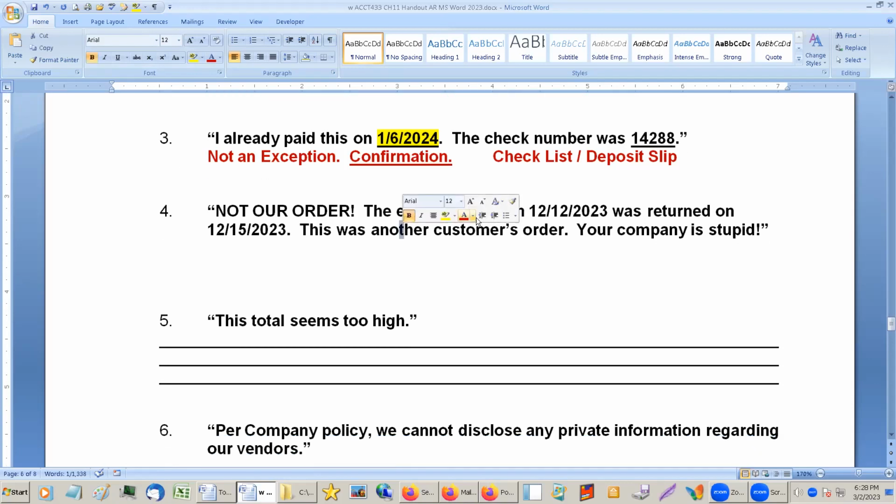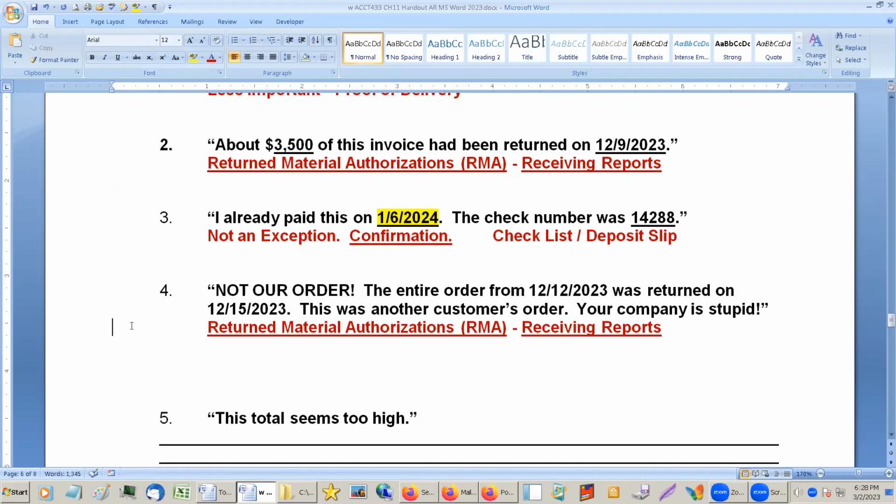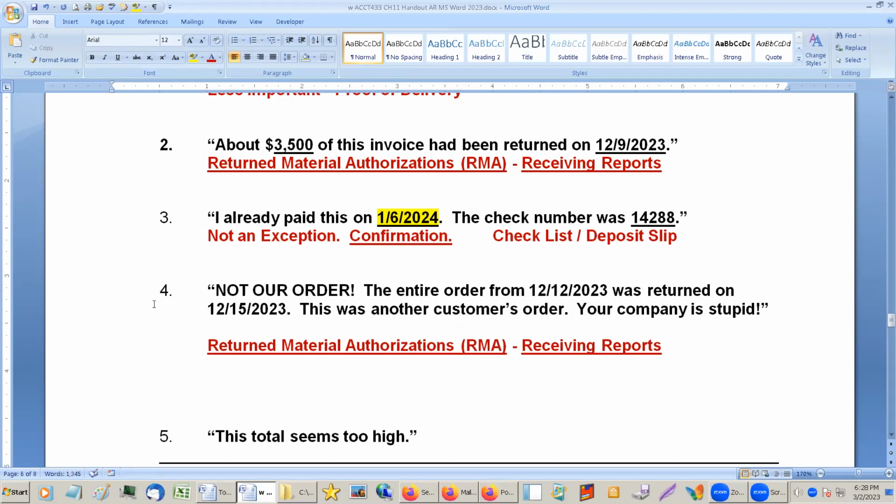Well, they actually shipped it. They look like they got it. They had the order from 12/12, so it was returned on 12/15. So it's probably going to be similar to this one. I mean, the problem was that they shipped it to the wrong people. Now you could see where did they ship it to? I think that's probably what you're talking about. Yeah, check the bill of lading for the address. Oops, that's nice.